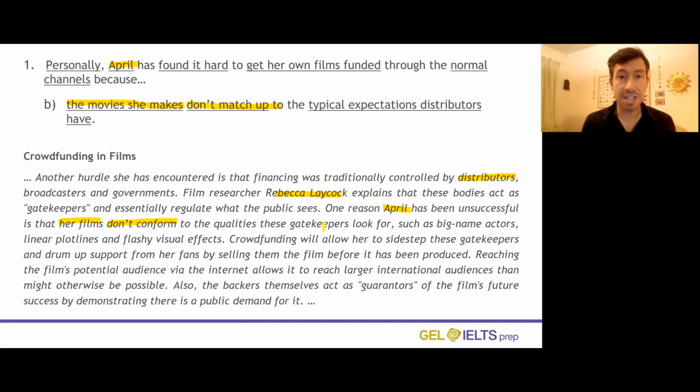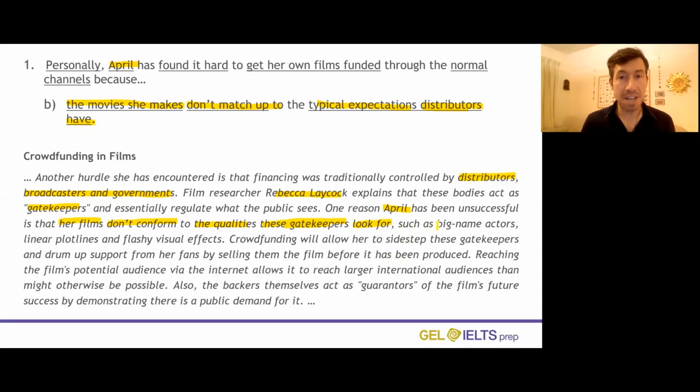The qualities, these gatekeepers, so if we remember these gatekeepers, that's referring back to these gatekeepers here, which is referring to distributors, broadcasters, and governments. So these gatekeepers is the distributors look for. So the qualities these gatekeepers look for, that could be the typical expectations the distributors have. And then it gives some examples of these expectations.